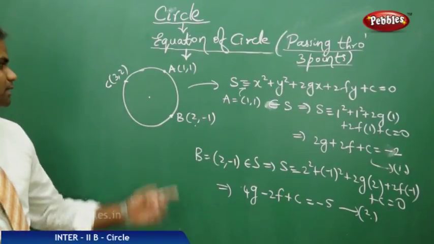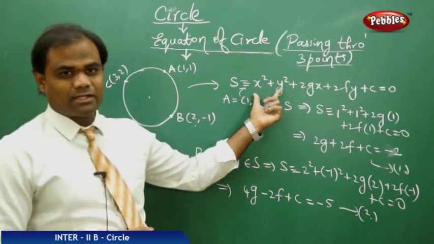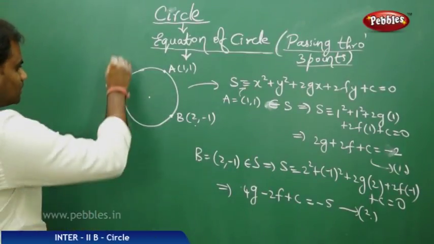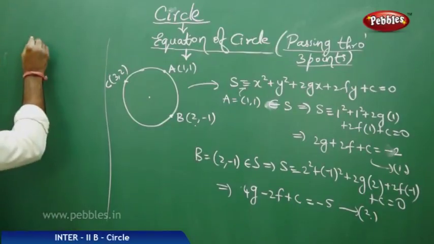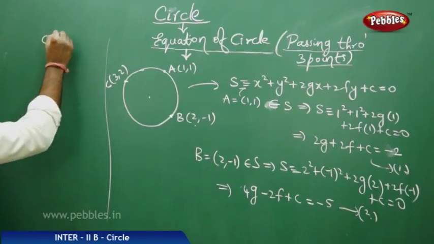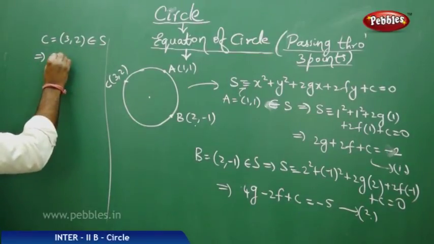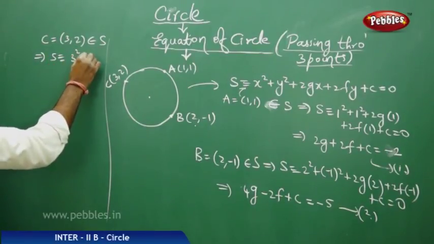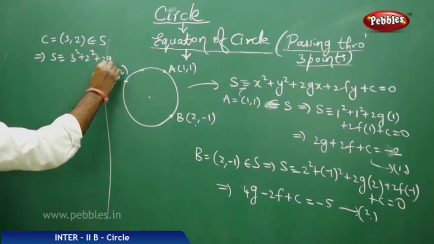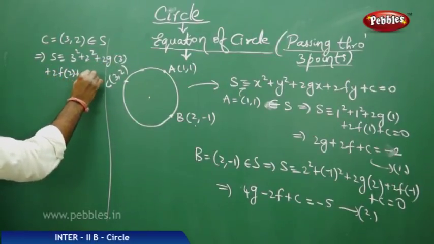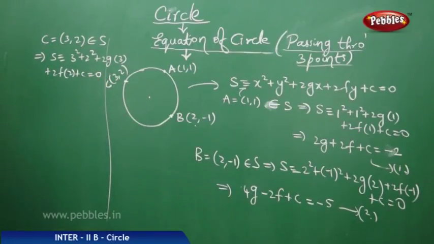Now thirdly, the third point lying on S also gives me the third equation. So let's see how we get the third equation. C equals 3 comma 2 belongs to S, which implies x squared plus y squared plus 2gx plus 2fy plus c equals 0.